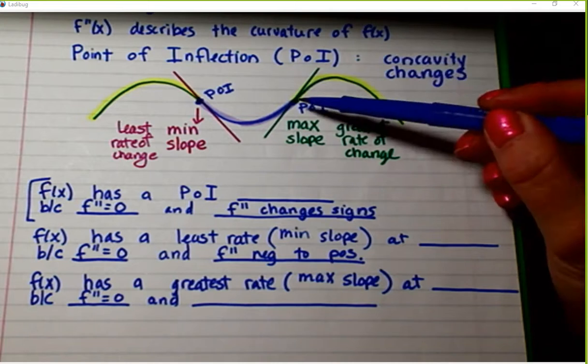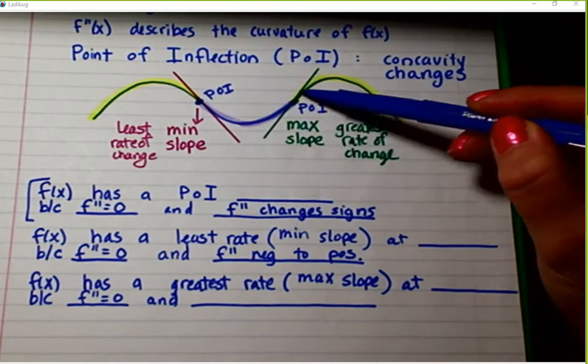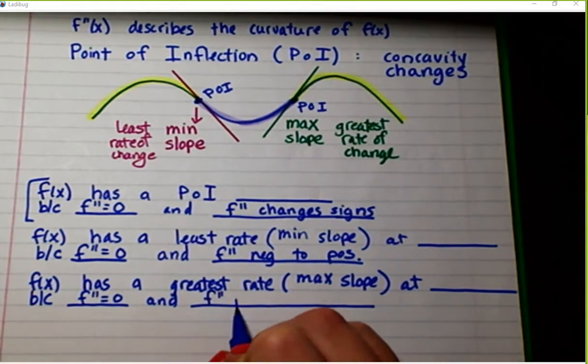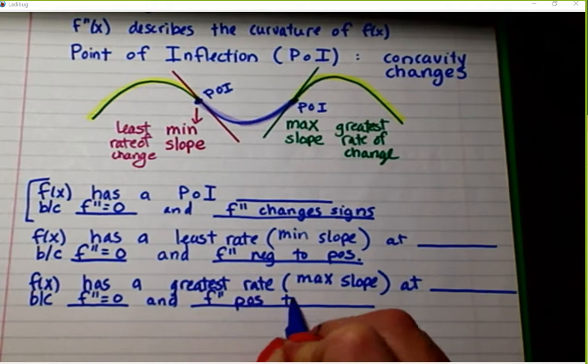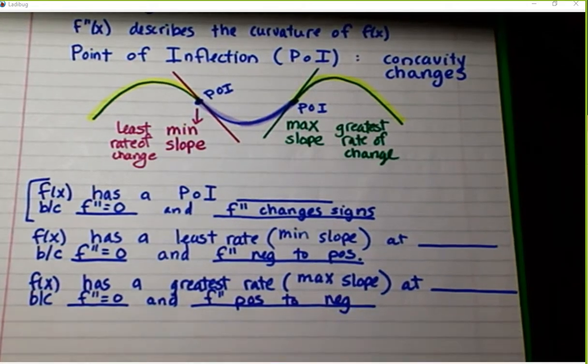Okay, so I've got to get the green point, so that's concave up to concave down. So double prime positive to negative. All right.